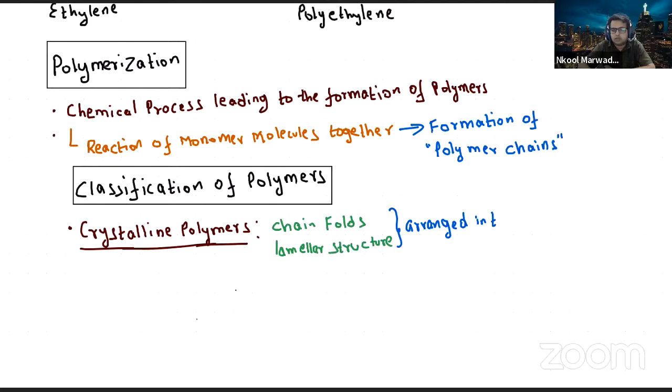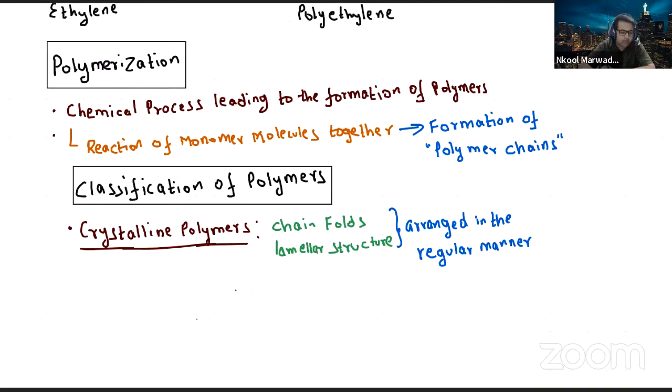So this is the crystalline polymer. In short, in a crystalline polymer a regular structure is followed.